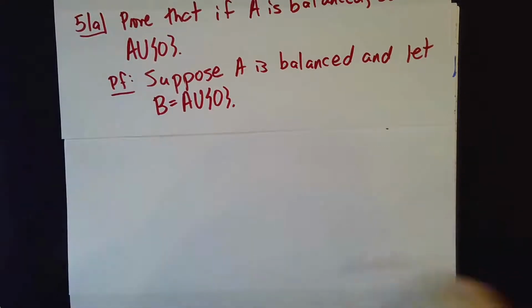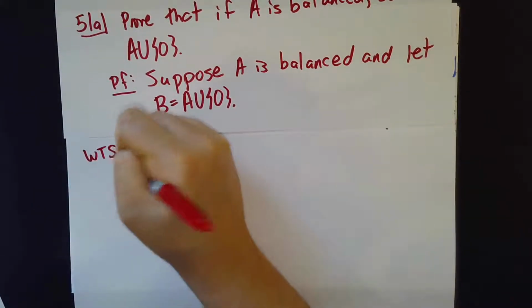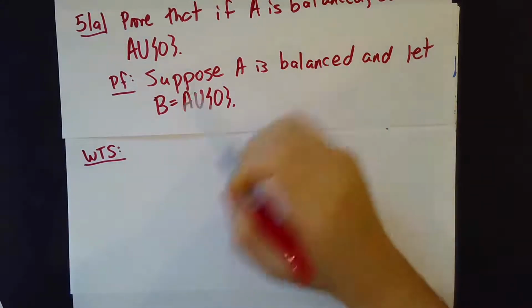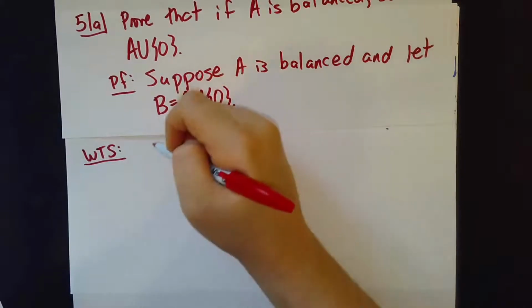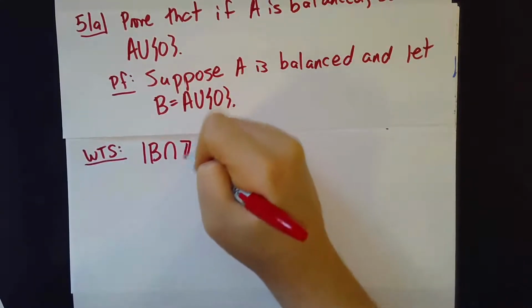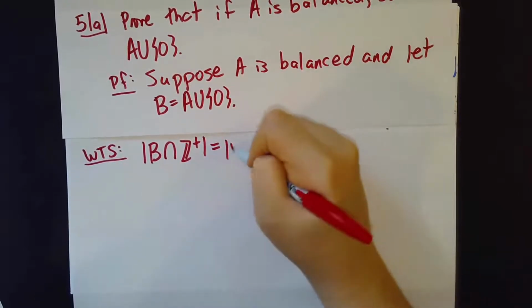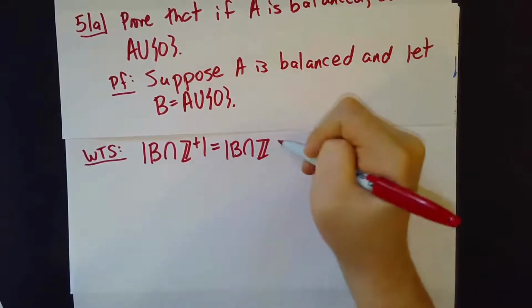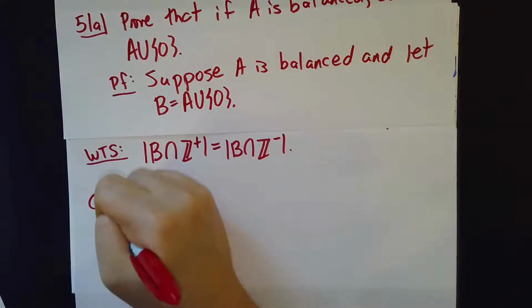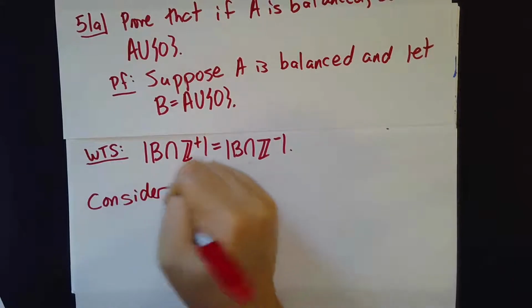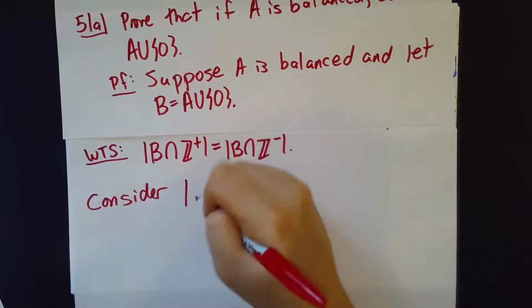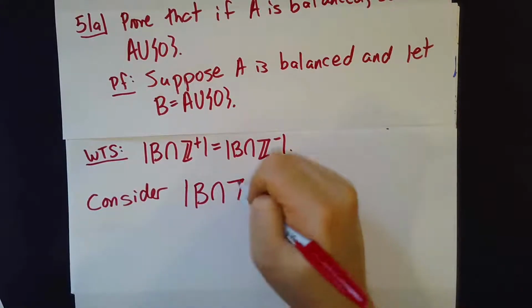So what is it I need to show? I need to show that the size of B intersect Z plus is the same as the size of B intersect Z minus. Okay, so let's consider the size of B intersect Z plus.